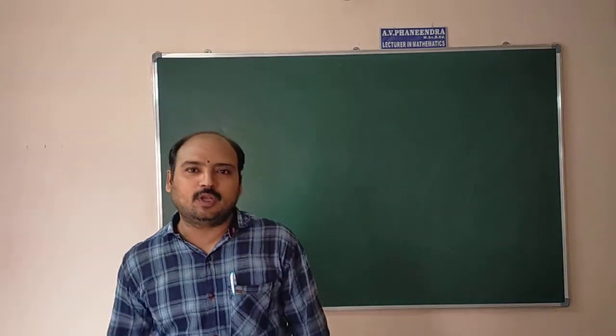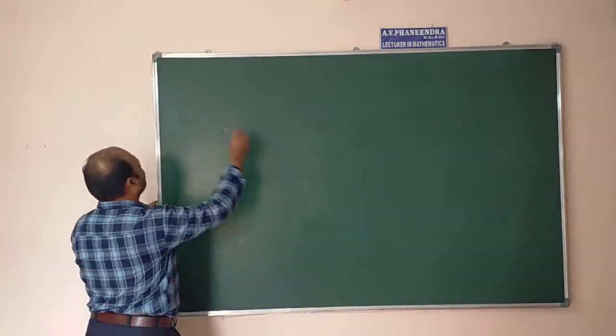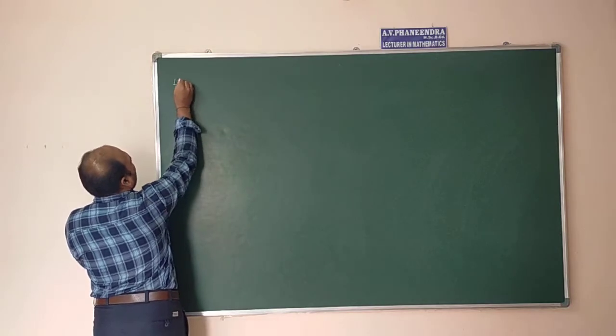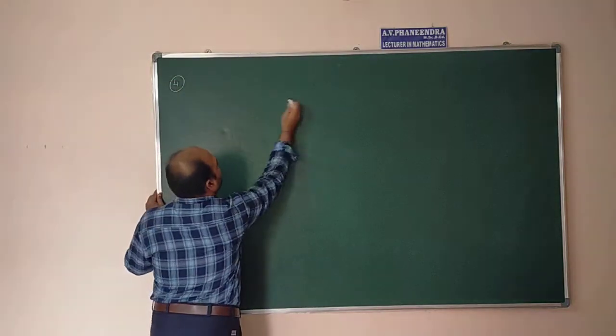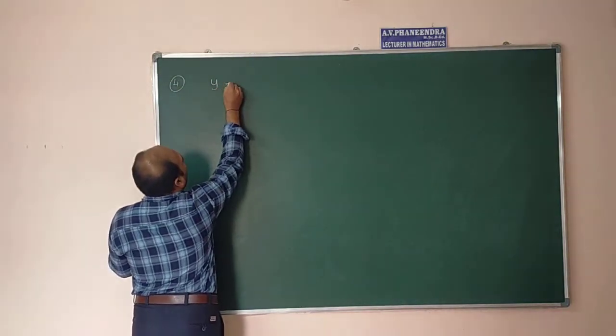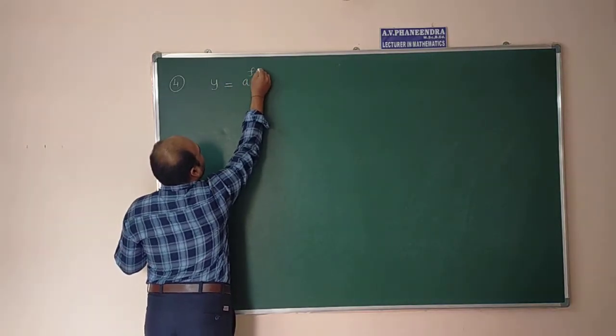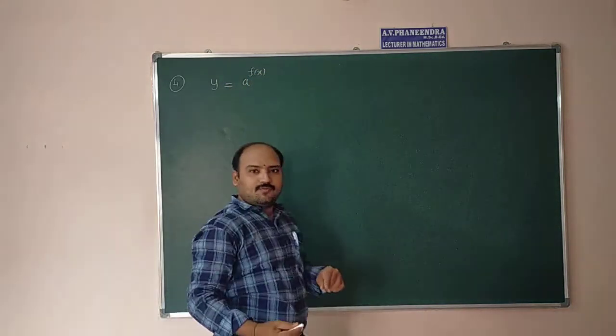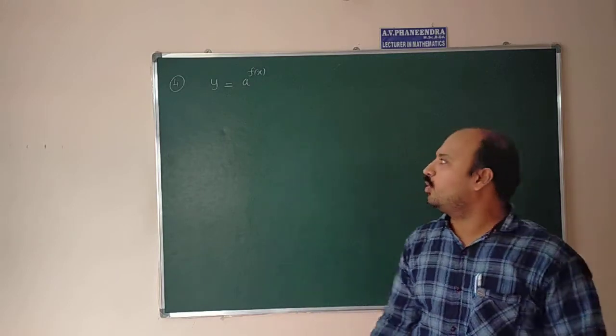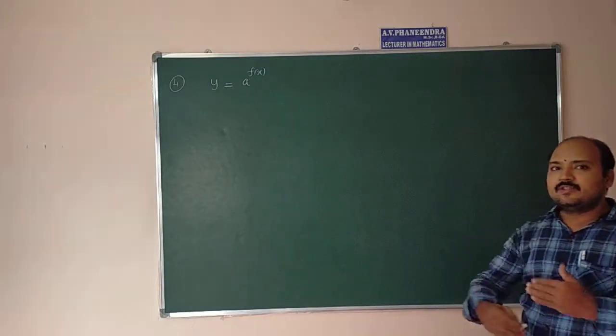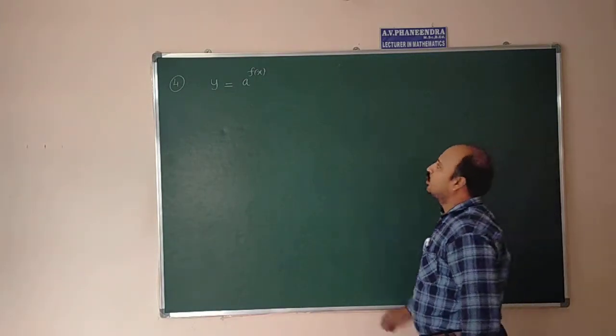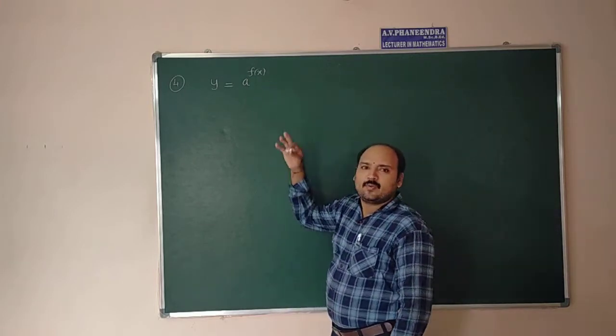Next, the fourth model. If the function is y equal to a power f of x, then find dy by dx. How to calculate? It looks like a power x only, no?